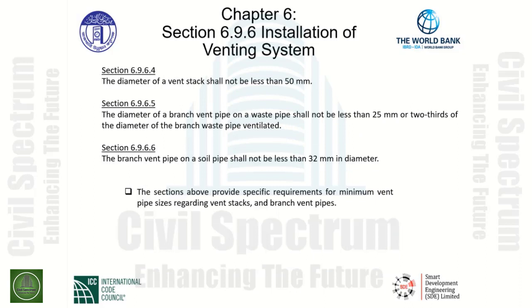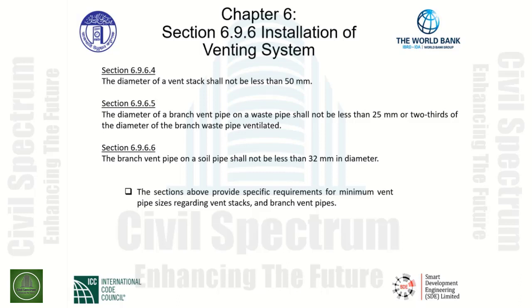The diameter of a vent stack shall not be less than 50 millimeters, as provided in section 6.9.6.4. Another requirement that is very specific is the diameter of a branch vent pipe on a waste pipe, and this shall not be less than 25 millimeters or 2/3 of the diameter of the branch waste pipe ventilated.